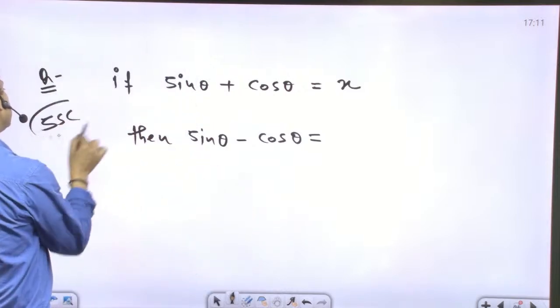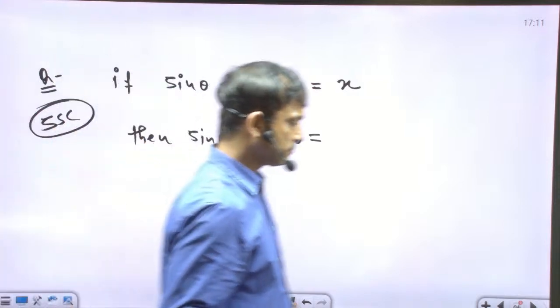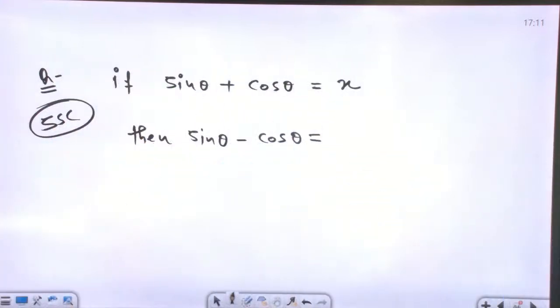SSC previous year question. Your answer? Sin theta minus cos theta.